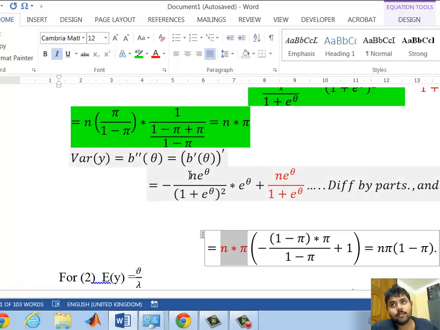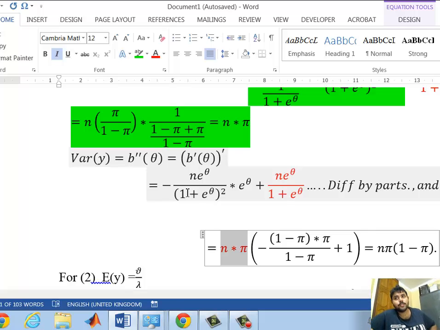How do I do it? This part is 1 when I take this term as common between these two terms, and this part is nothing but e to the power theta, which is pi by 1 minus pi, and 1 by e to the power theta whole square.